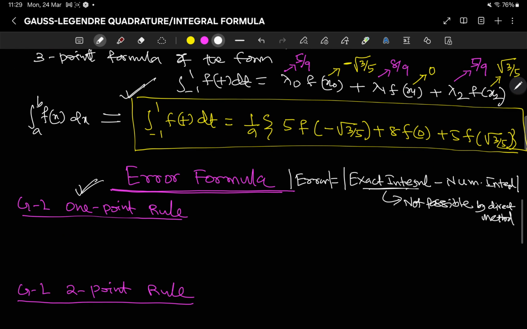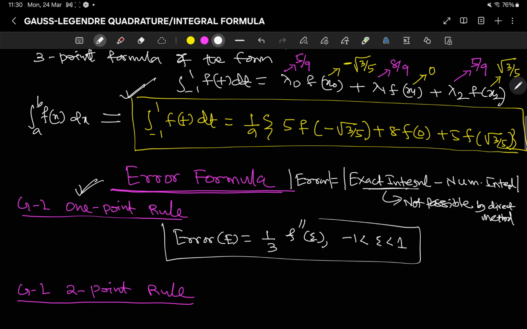So the error formula for Gauss Legendre 1-point rule is, here the error E is equal to 1 by 3 f double derivative at the point zeta, and zeta lies in the interval minus 1 to 1. So this is the error formula for your 1-point rule.